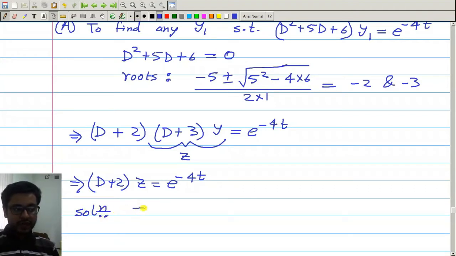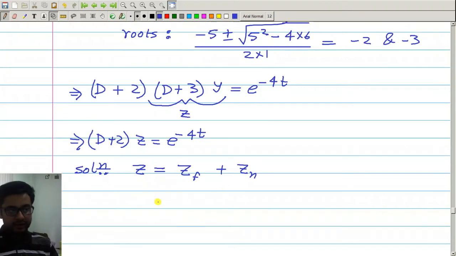So we know that the solution will look like z is equal to two parts, forced response plus natural response, where this forced response will be a polynomial multiplied by the same e to the power minus 4t.